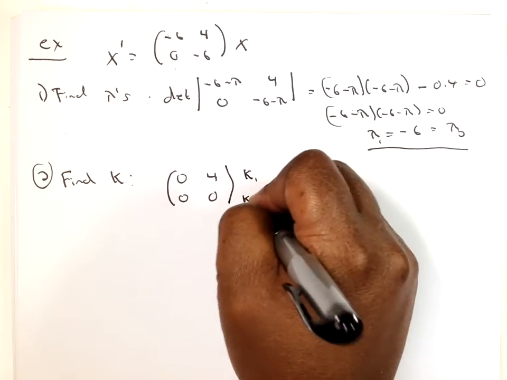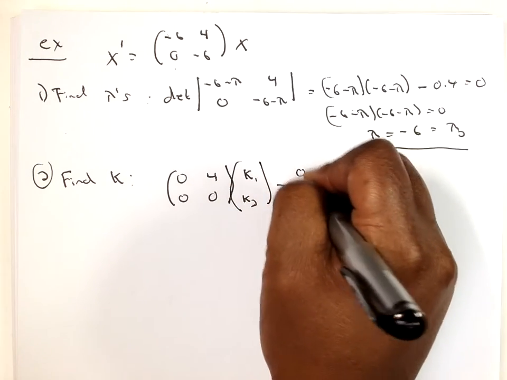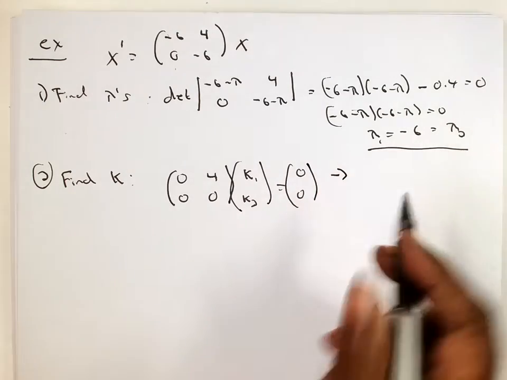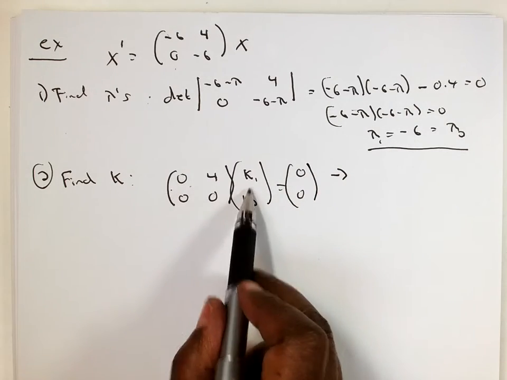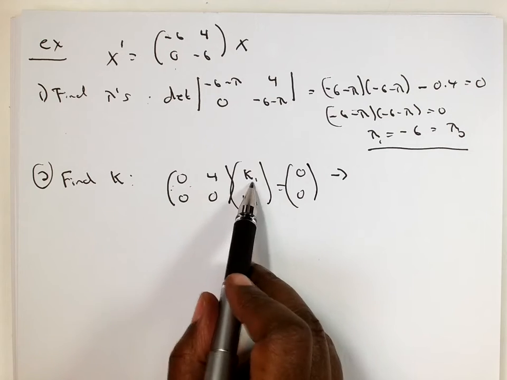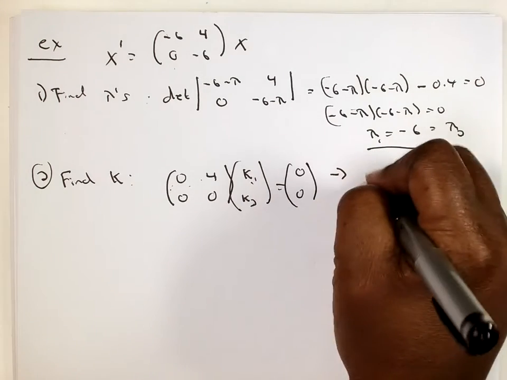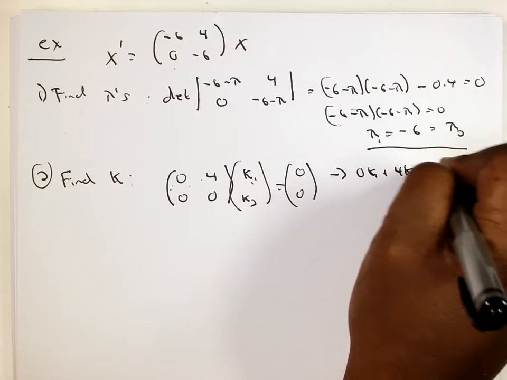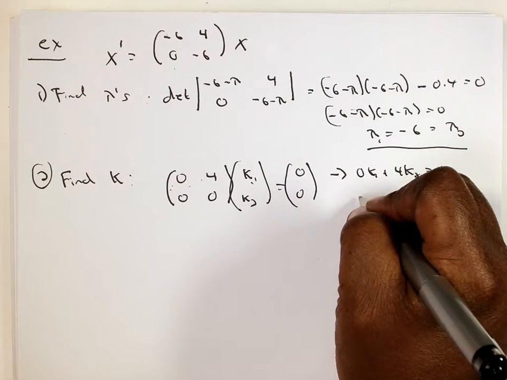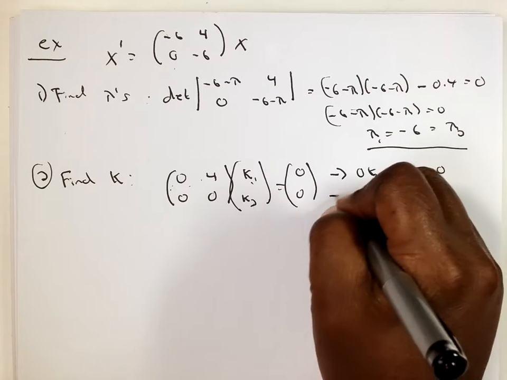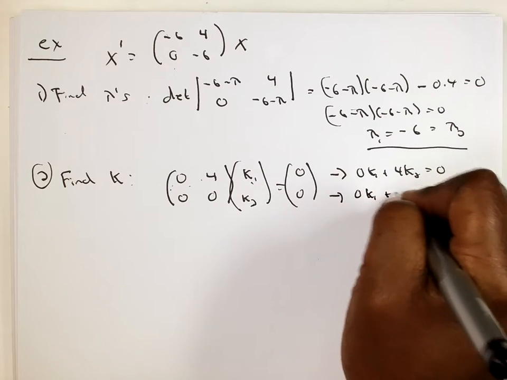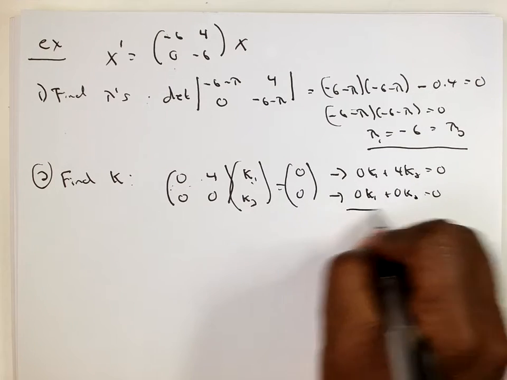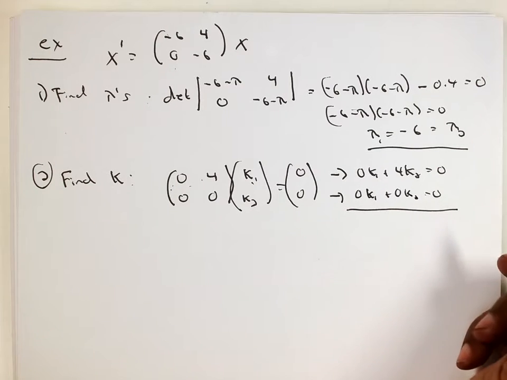And then (K1, K2) equals (0, 0). So the first one, I do this matrix multiplication. I get 0 times K1 plus 4 times K2, so 0K1 plus 4K2 is equal to 0. And then for the second one, I get 0K1 plus 0K2 equals 0. So this 0 equals 0, I have infinite solutions.